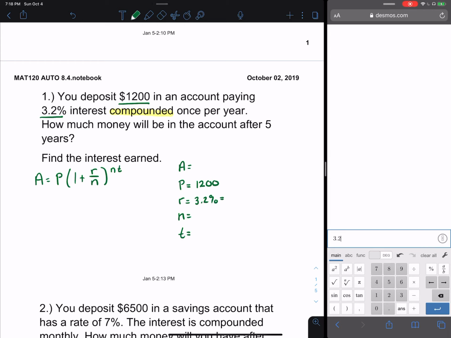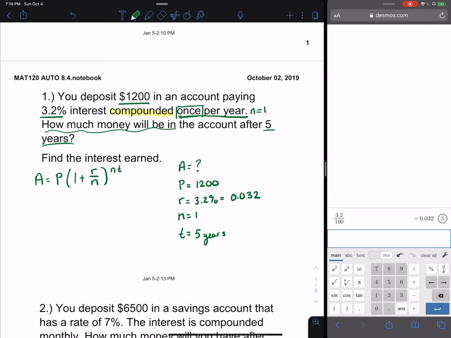I take that 3.2 and divide by 100 to get 0.032 in decimal form. They tell me that it's compounded once per year. So that once per year is telling me that my N equals 1. And they're asking me how much money will be in the account, so that's my A, after 5 years. That's my time.